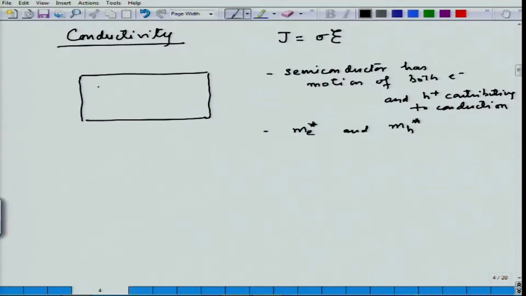So, let us take an example of looking at only electrons in the conduction band, and I am applying a field. If I am taking the field in this direction, the electron is going to move in the opposite direction. Now, this electron will have some average velocity because of this field, and then just like a classical particle, it may have a collision with a lattice atom.